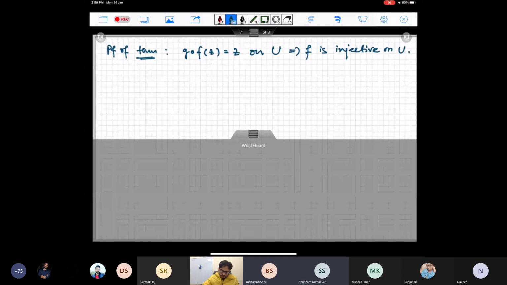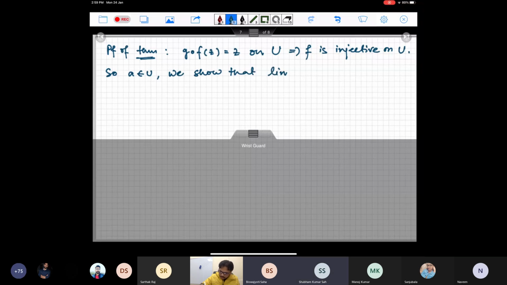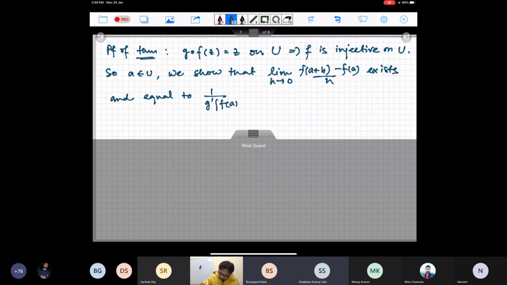For a in U, we show that the limit as h tends to 0 of f of a plus h minus f of a divided by h exists and is equal to 1 upon g prime of f of a.